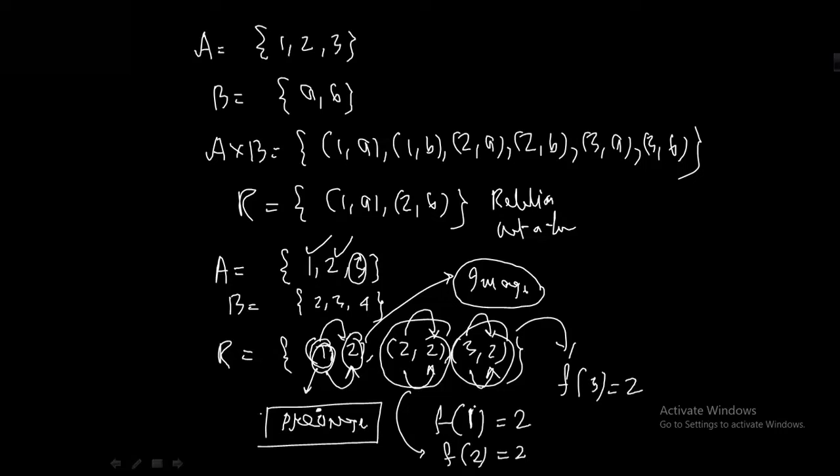So 1 has one image, 2 has one image, 3 has one image. Each and every element of the set A has an image, and most importantly, each has a unique image. That means no element of the set A is associated to more than one element in the set B. Hence, this is a function. The first element of the ordered pair is called the pre-image, and the second element of the ordered pair is called the image.